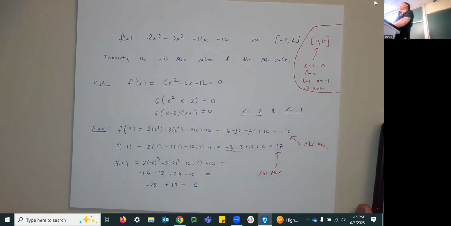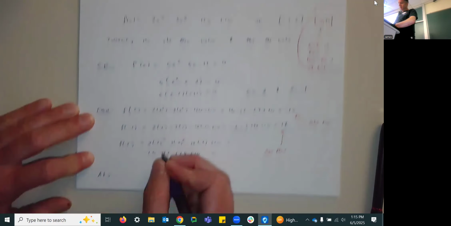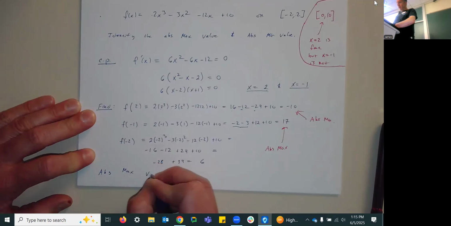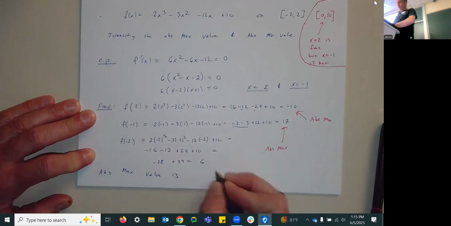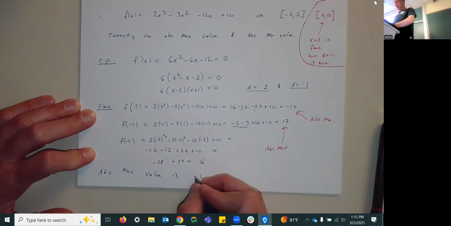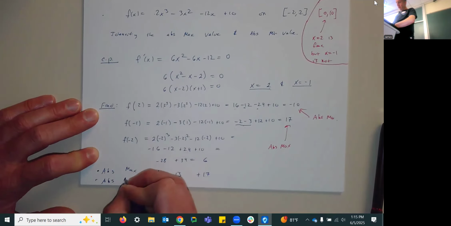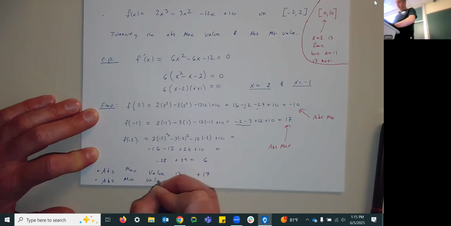Make sure we read the question carefully. The question asks us to identify the absolute maximum value, meaning the y value. So the absolute maximum value is positive 17. And the absolute minimum value is negative 10.